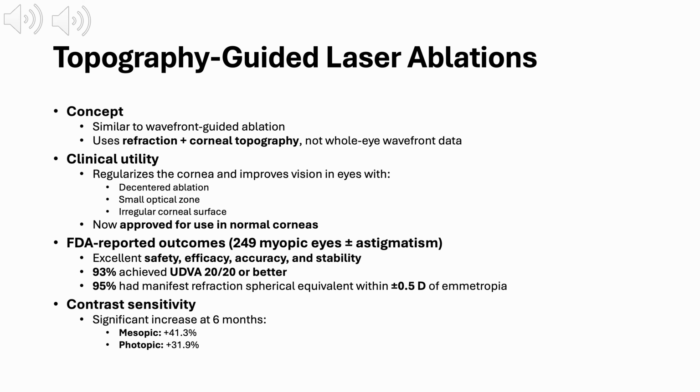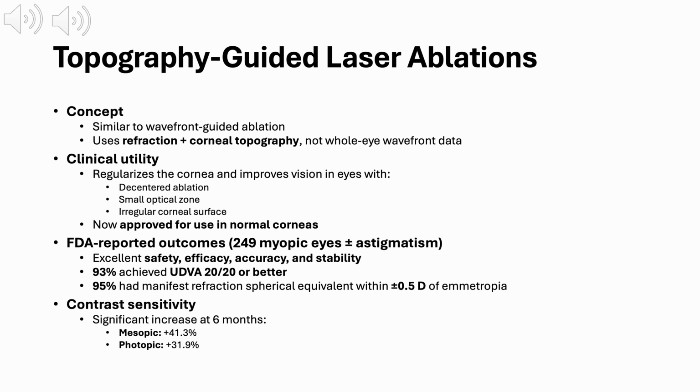In other words, we're specifically targeting corneal surface irregularities, not internal optical aberrations from the lens or vitreous. Clinically, this becomes very useful in eyes where the cornea itself is the dominant source of optical error. Topography-guided ablation can regularize the corneal surface and improve vision in cases of decentered prior ablations, small optical zones, or irregular corneas, including those with subtle asymmetry that isn't well addressed by standard profiles.